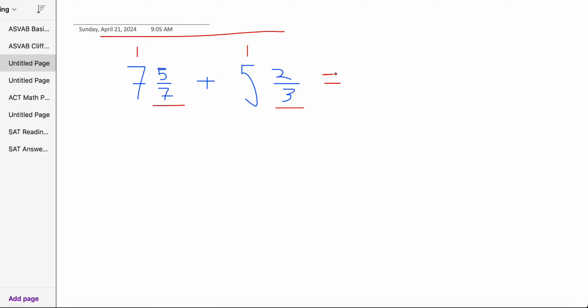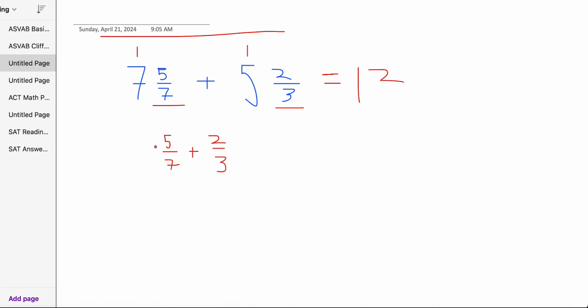We have two ways of showing how to do this. The whole numbers 5 plus 5 give us 10. Because the fractions don't have the same base, we can't just add them straight up, so we handle the fractional part separately: the 5/7 plus the 2/3.